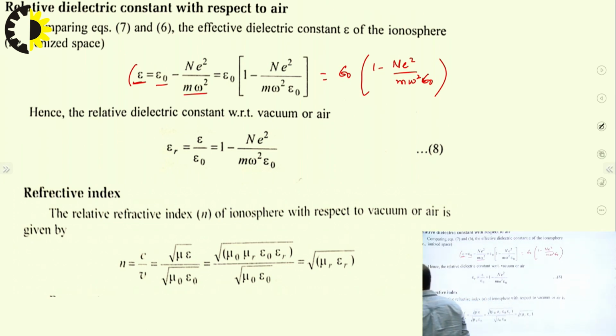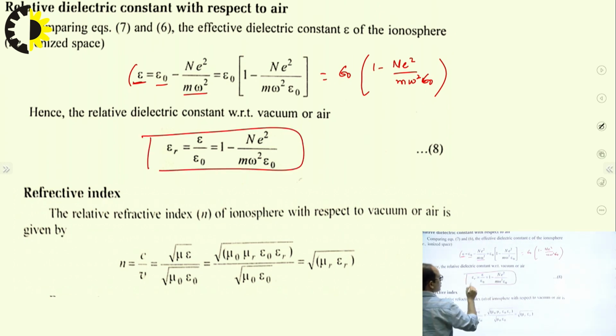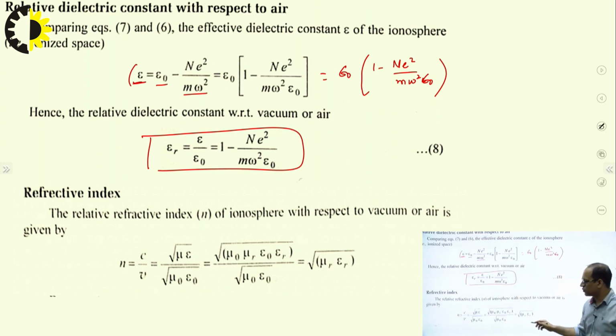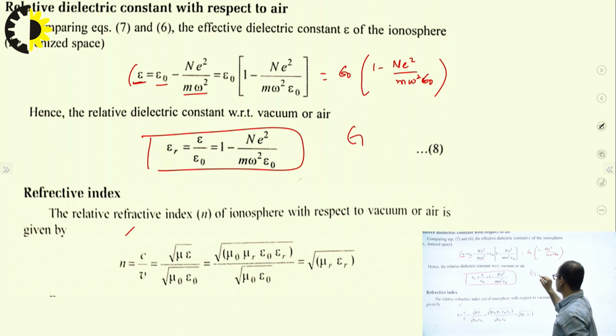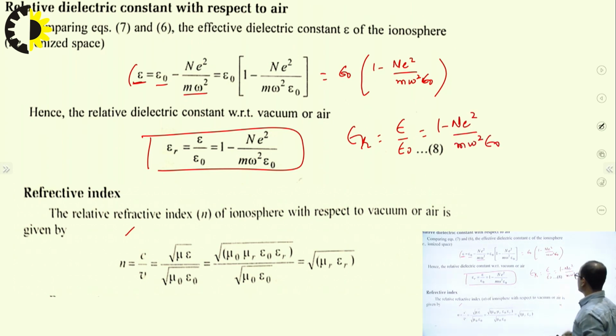So hence epsilon r is equal to epsilon by epsilon naught, 1 minus N e square by m omega square epsilon naught. So you will get the refractive index of the ionosphere, as this is the relative permittivity of the ionosphere, equal to 1 minus N e square upon m omega square epsilon naught.